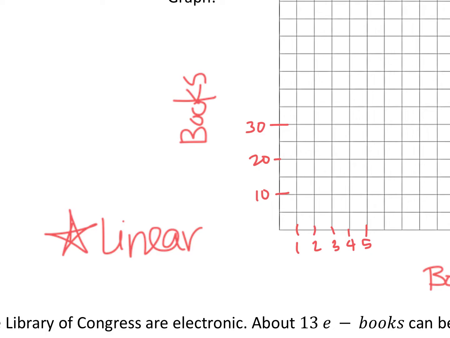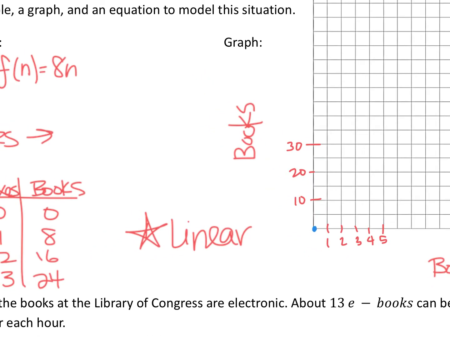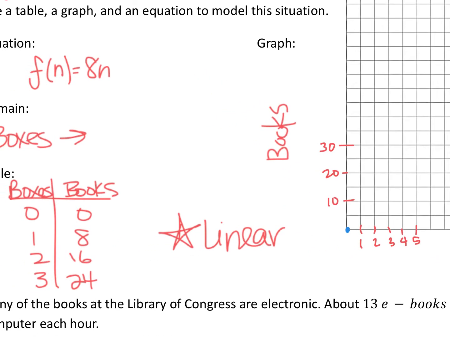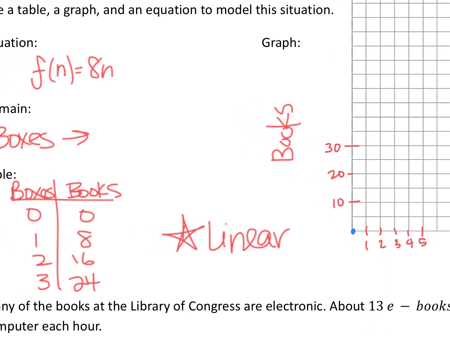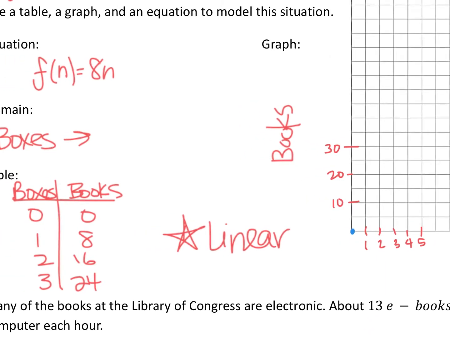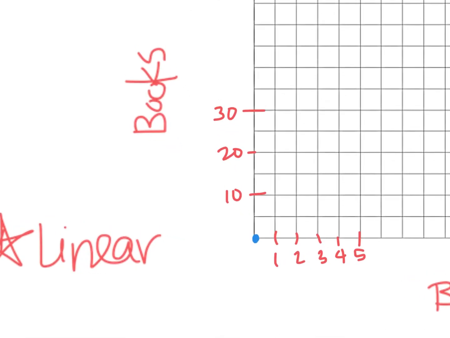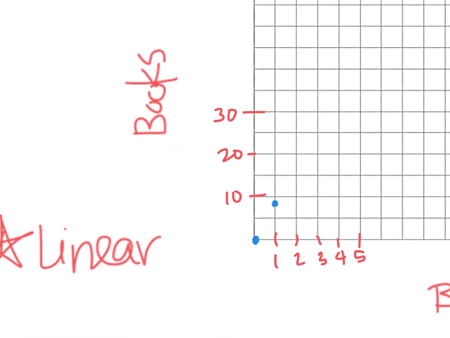So 0 boxes have 0 books. And then 1 box has 8 books. 2 boxes have 16. 3 boxes have 24.